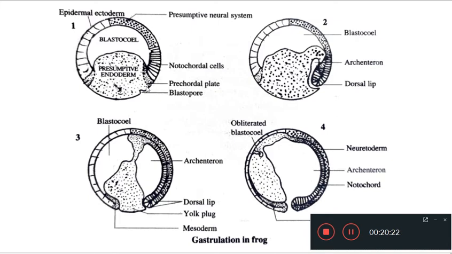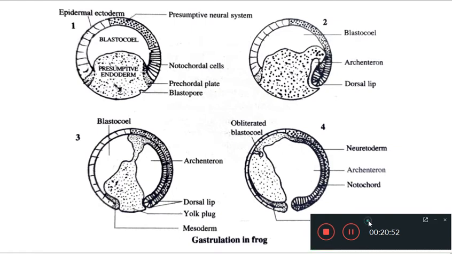So this is the dorsal lip of the blastopore. So you can see in this diagram that it has reached here. So it is by the rolling in of cells. Initially it was in this position, that is, it was near the dorsal lip of the blastopore, but now it has rolled to the interior through the dorsal lip of blastopore and has reached this position. That is what is called as involution. So it is occurring by the rolling in of cells.